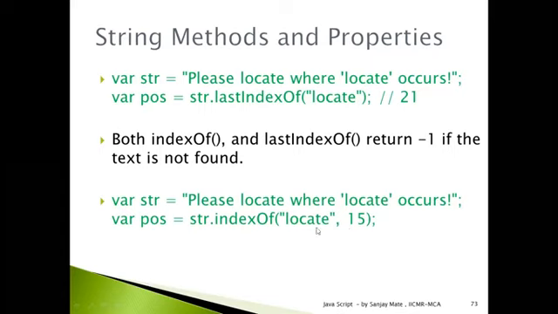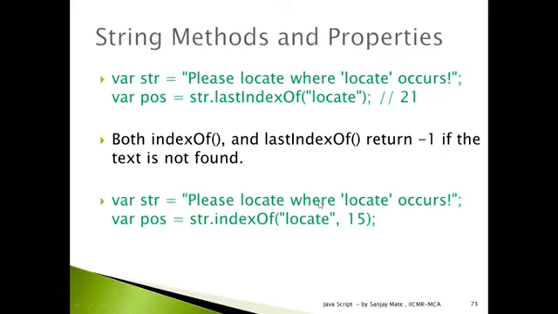Here I'm providing a second parameter to indexOf, that is 15. What do you mean by this? The meaning of this is: start searching from position 15, or start searching this word from location 15. It means I am skipping certain characters and then I want to search.